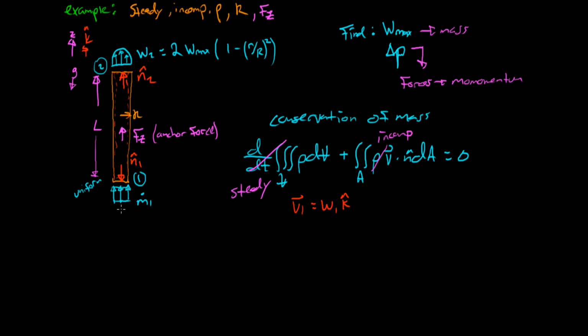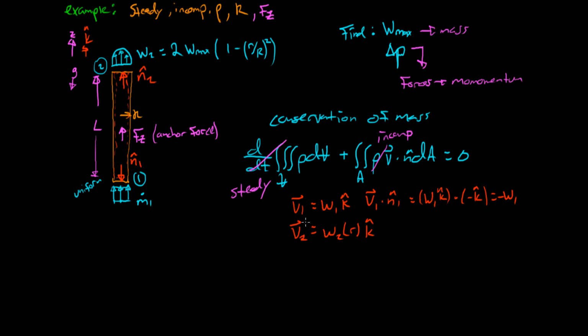And n1, of course, is pointing down, so it's the opposite of that, right? So v1 dot n1 is going to equal w1 times k hat dotted with minus k hat, which is equal to minus w1. And then we have v2, which is coming out this way. And so that's got this thing w2 as a function of r times k hat.